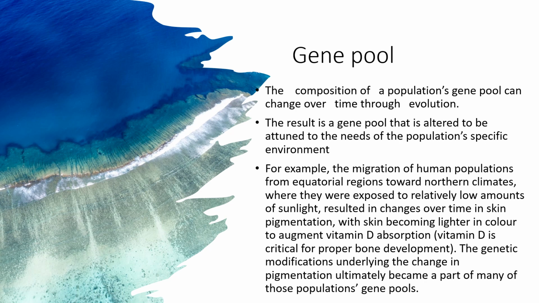The composition of a population's gene pool can change over time through evolution. Evolution can occur through natural selection, different breeding techniques, and different environmental factors. So the gene pool of a population can change over time.